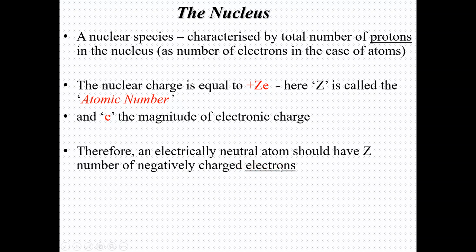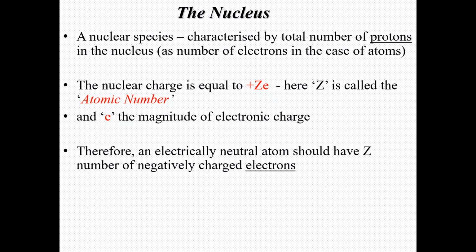What does it mean? It means that an atom by itself is electrically neutral. It contains an equal number of protons in the nucleus and electrons in the different outermost shells outside the nucleus.